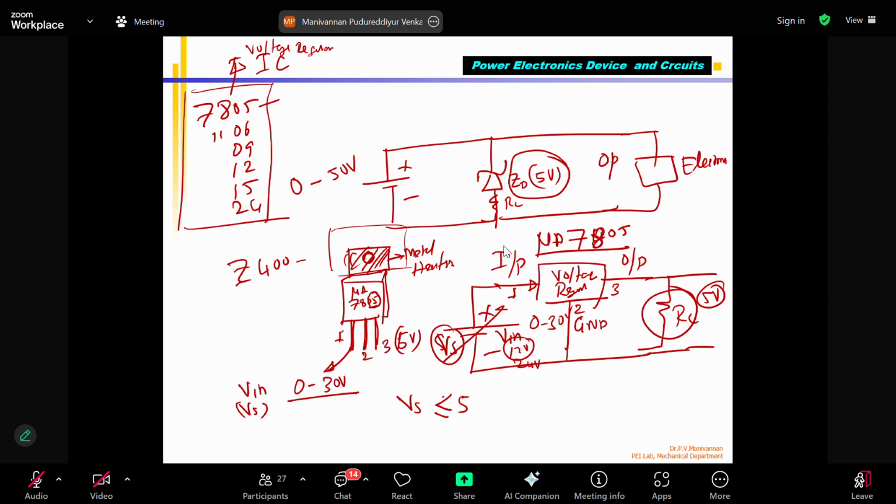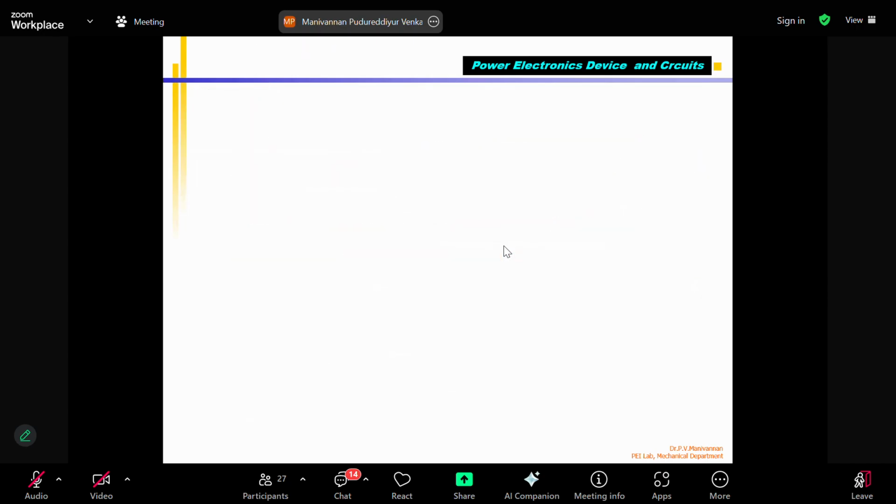Now that we understand how the diode works, one small thing before closing: the ID in forward bias condition, correct? We are on diodes, not talking about Zener now. Diode, forward bias, ID can be computed using this formula: ID = IS times (e to the power VD by N times VT, minus 1).